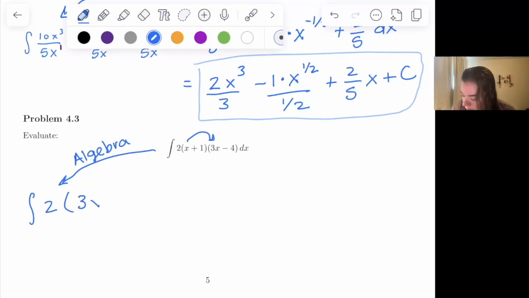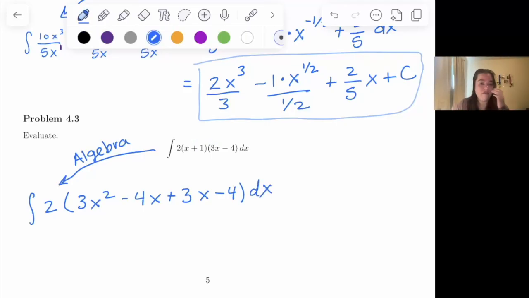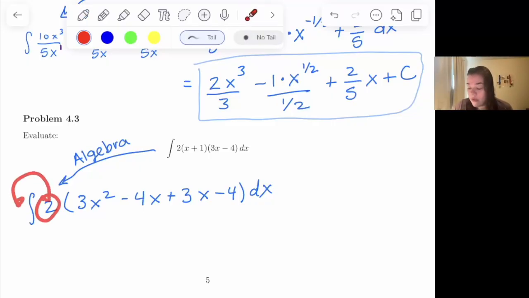So 3x squared. So I have multiplied all of those terms out. I'm just doing a quick double check, make sure I didn't do any silly mistakes. Now again, if you like to pull the 2 out, you absolutely could.